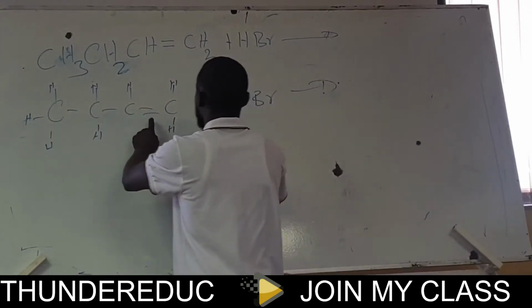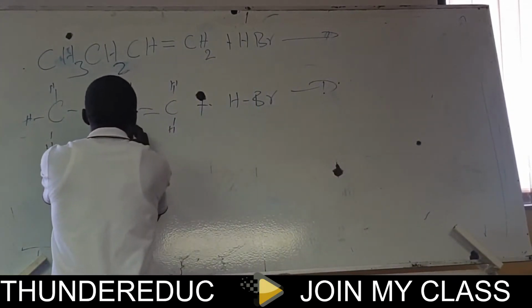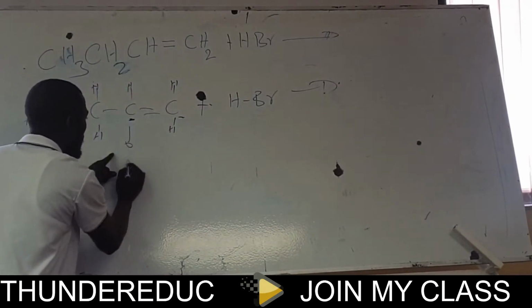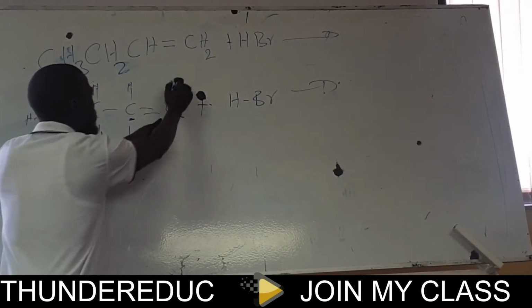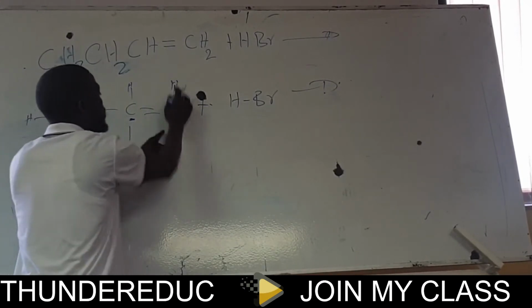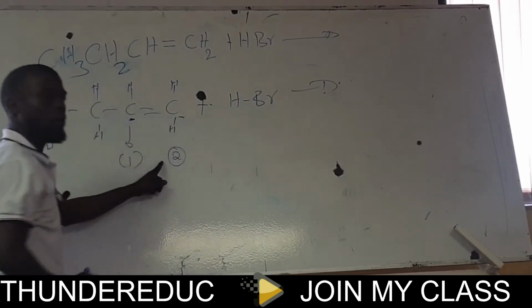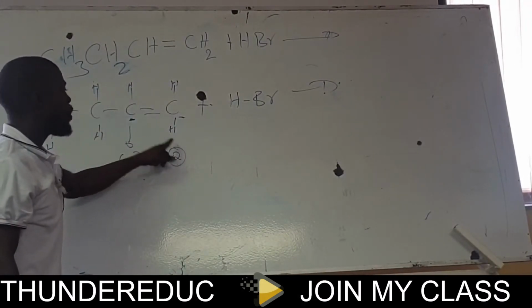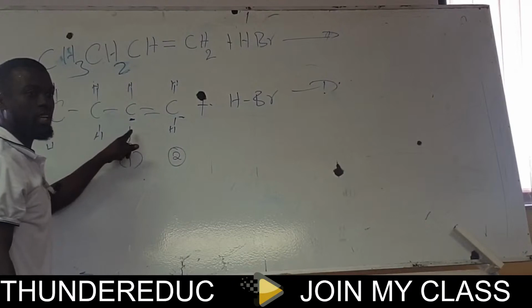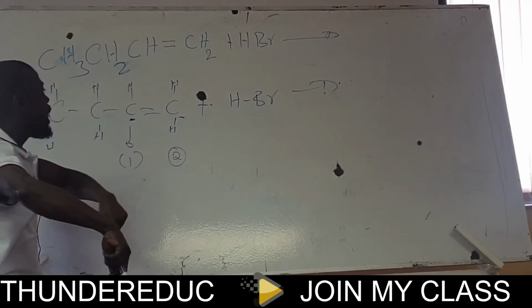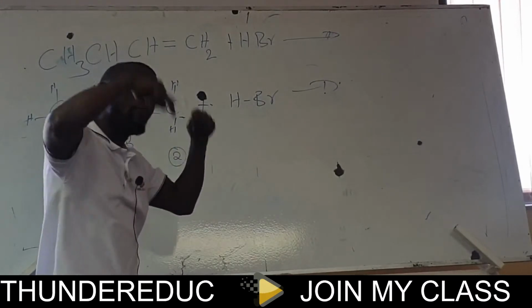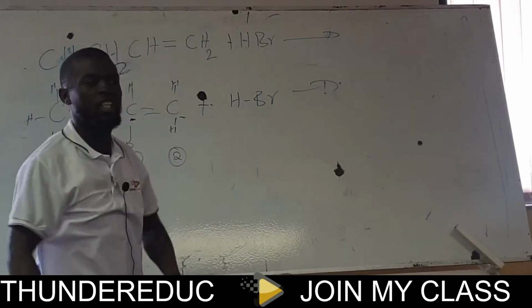Now, look. You have this molecule, this carbon atom and this carbon atom. This one has one hydrogen, while this one has two hydrogens. Markovnikov says that this hydrogen will go to the carbon atom with more hydrogens.